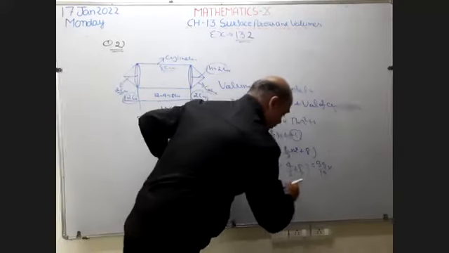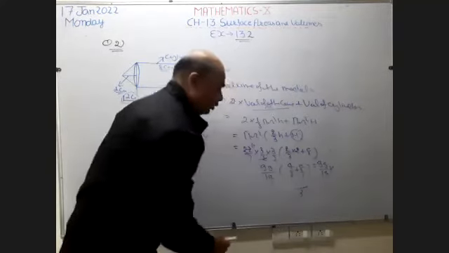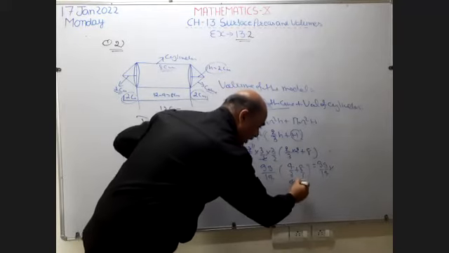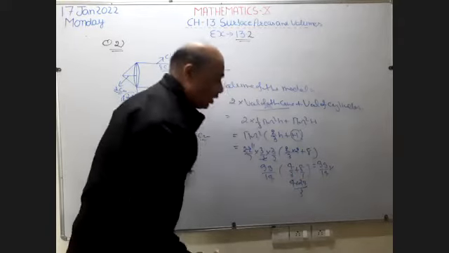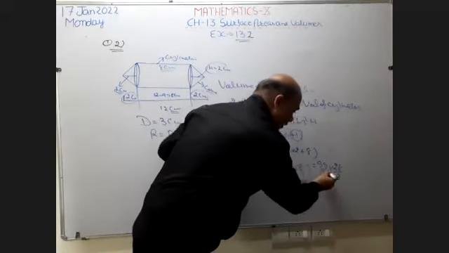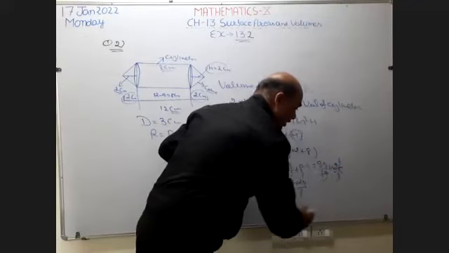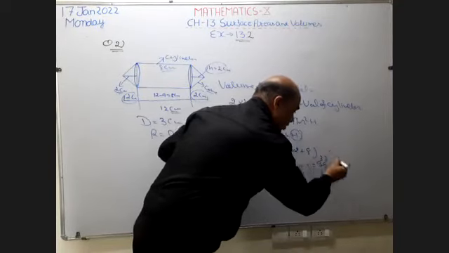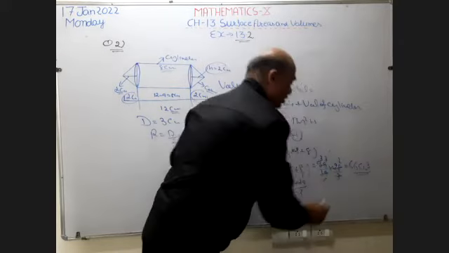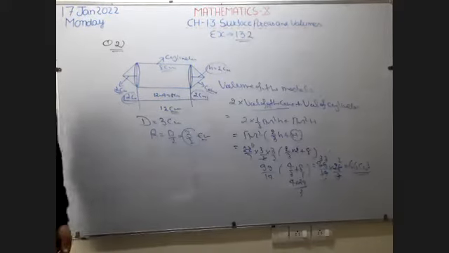The LCM of 3 and 1 is going to be 3. 3 is going to cancel with 3, what is left is 4. Now 3 8s are 24. 24 plus 4 is 28. Right here 28 upon 3. Now 14 1s are 14, 14 2s are 28, 3 3s are 9. So this is going to be 66 centimeter cube. So this is the volume of the model.